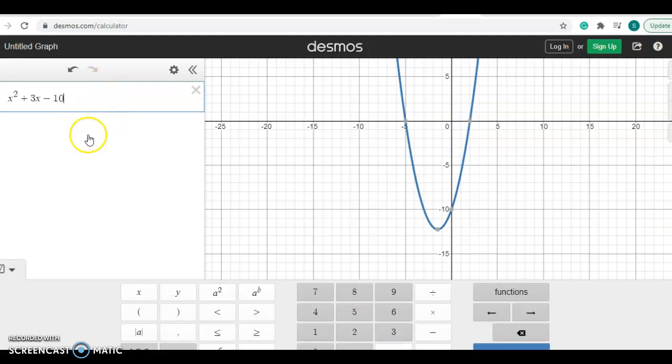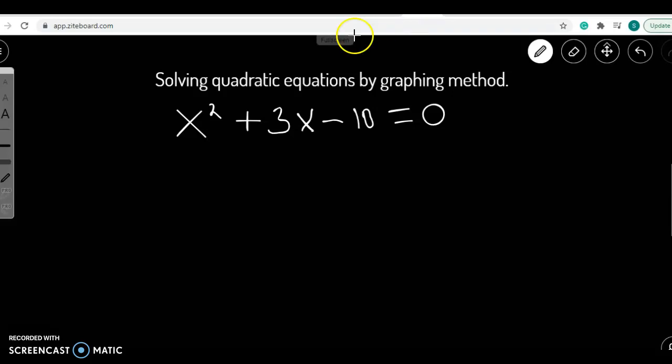In case you're using a graphing calculator, you hit graph, and here you see that it's giving us the x-intercepts. That is the reason why another name for the solution is the x-intercepts. Here it gives us the x-intercepts, which are -5 and +2.